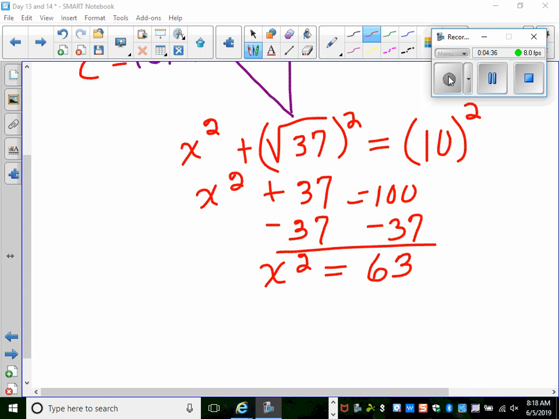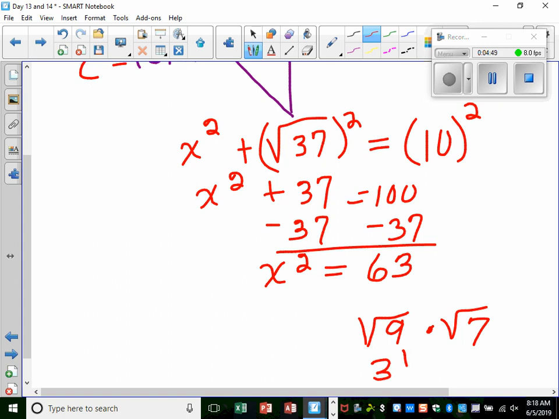Let's just do it by hand. A perfect square in 63? 9 and 7. So when I take out the square root of 9, I'm going to have 3 rad 7 as my value for x. So we're going to leave it like that.